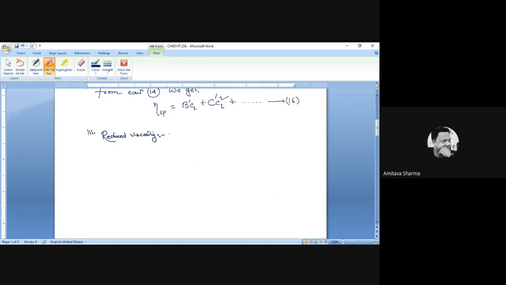This is defined as 1 by C2 times eta by eta 0 minus 1, and from the definition we can say this is specific viscosity by C2. This is equation 17.